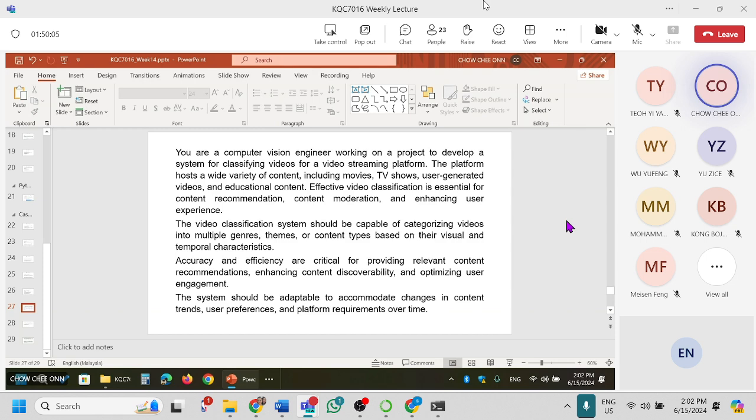Basically, weeks 13 and 14 are on CNN and RNN. There are some things to prepare for these questions, like what I told you just now. The example I gave you is a hybrid model, a CNN-RNN model.